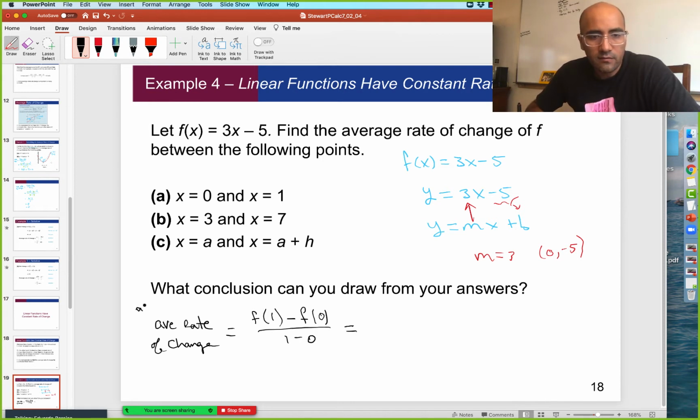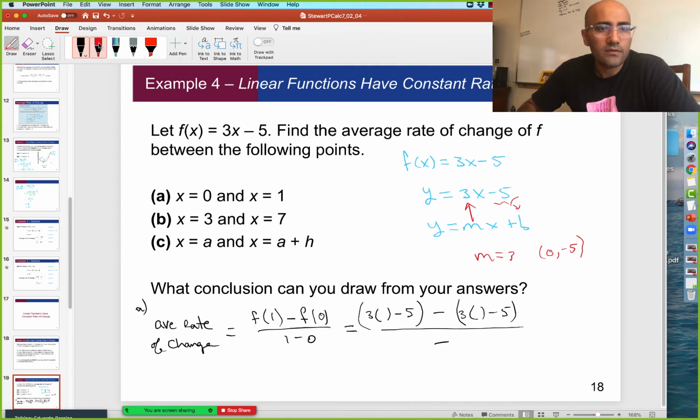This is for part A. And then f of 1 is going to be equal to 3 times blank minus 5, minus 3 times blank minus 5, all of it all over 1 minus 0. Okay, and so f of 1 means we put a 1 in here. So it's going to be 3 times 1 minus 5, minus f of 0, which means we put a 0 in here, and then 1 minus 0.